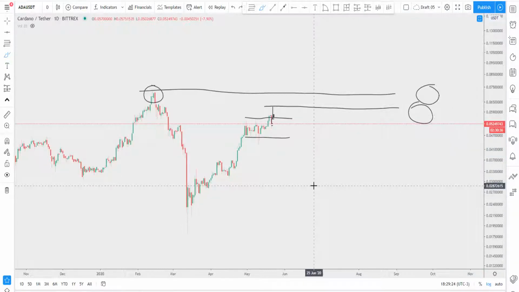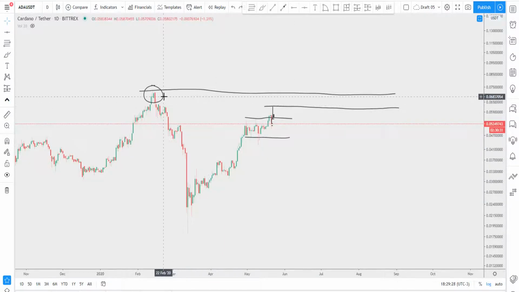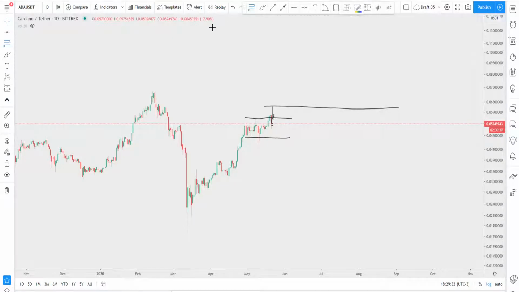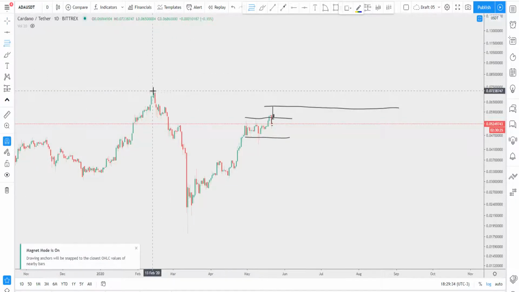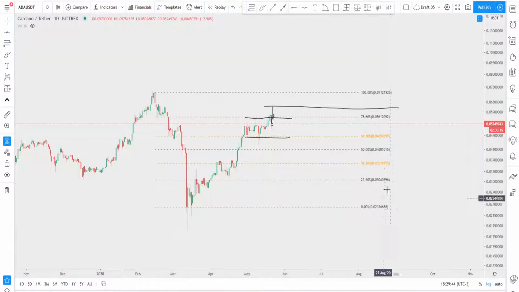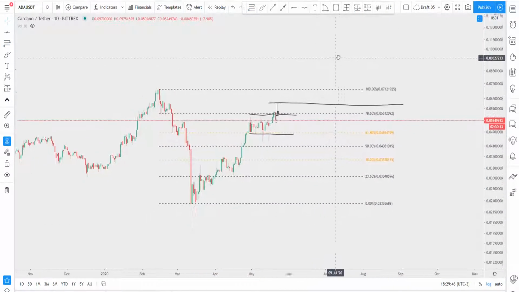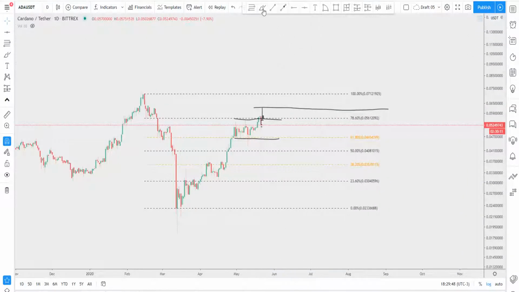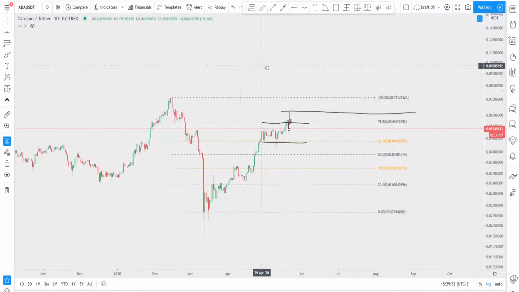It's a good sign, but it's not all the way bullish. And again, if we draw the lines here, you will see it again. Let's make it from body to body. So as you can see, the levels are here, and those are the levels we will be looking for.